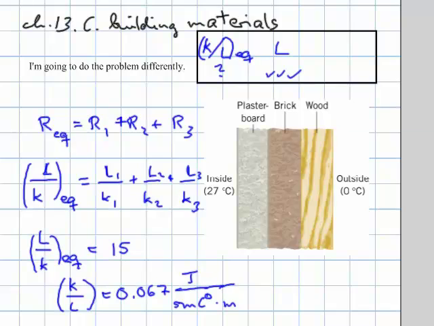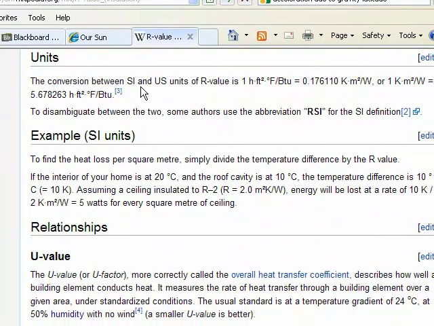And here's the conversion, the 0.176. So if I take that R value of 15 and divide that by 0.17611, I come up with a ridiculously large R value of 85.